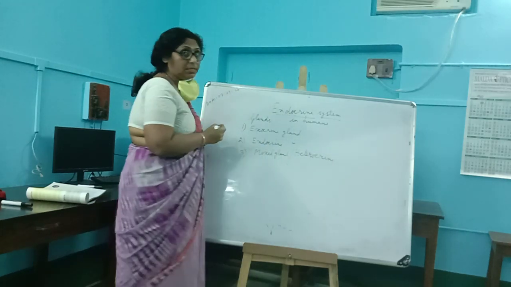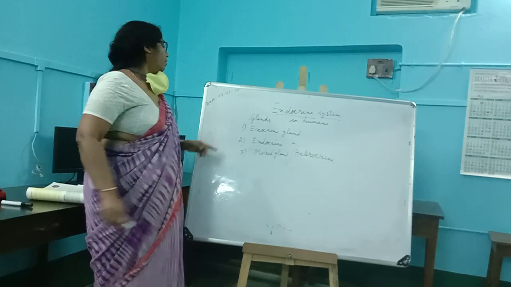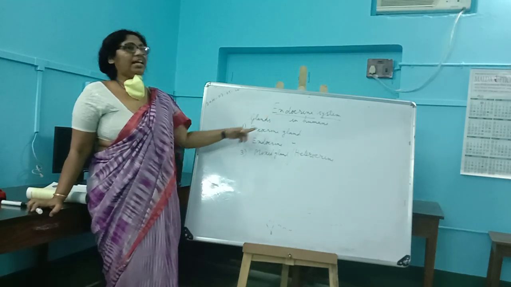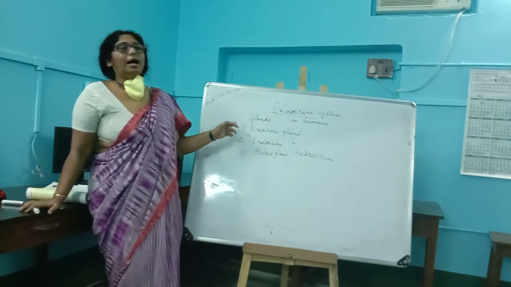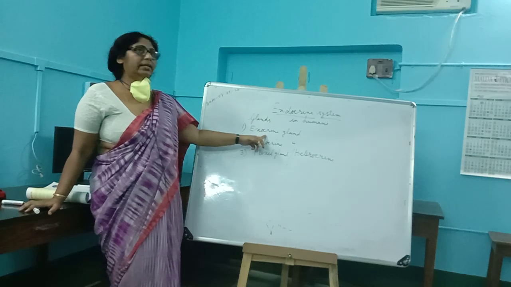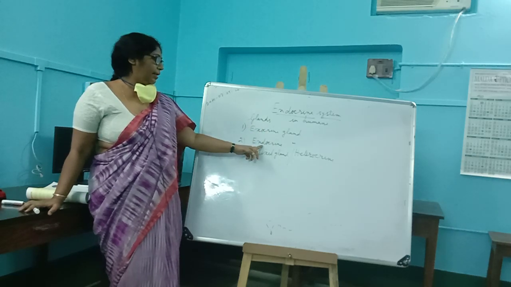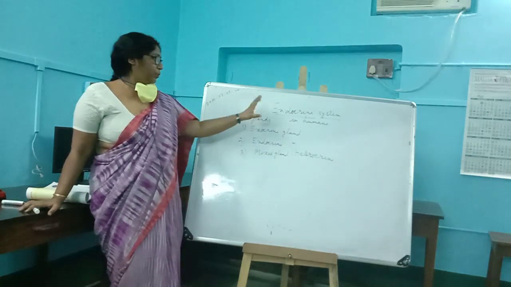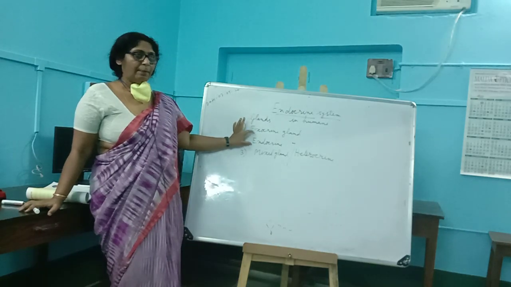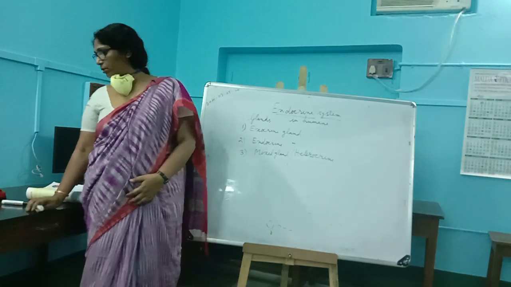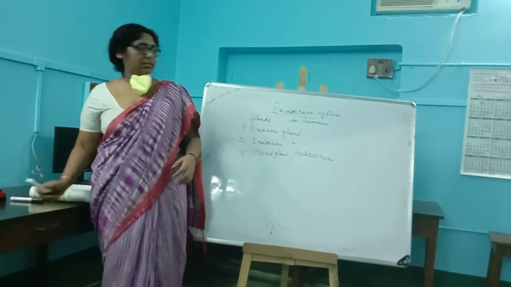I hope all of you can see the board clearly. Now, glands, three types, we can categorize them under three heads: exocrine gland, endocrine gland, mixed gland. So we are going to deal with the endocrine gland only. But before that, you should know the meaning of these terms.